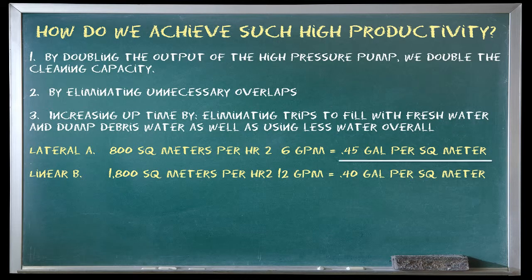This will result in 0.45 gallons used per square meter cleaned. Consider that with the linear technology. Use our advertised removal rate of 1,800 square meters per hour and 12 gallon minute consumption. And you'll quickly calculate that we use only 0.40 gallons per square meter cleaned.